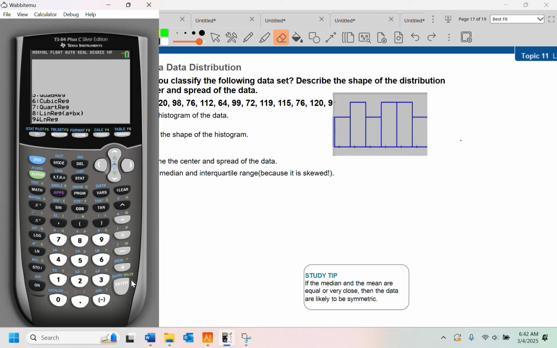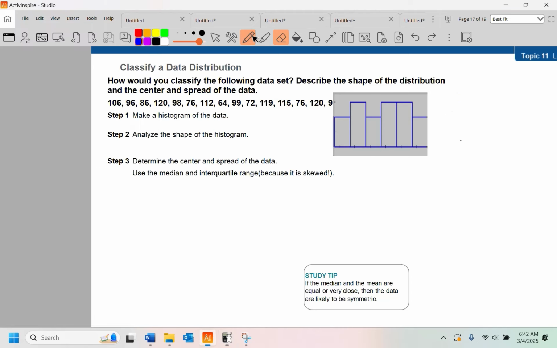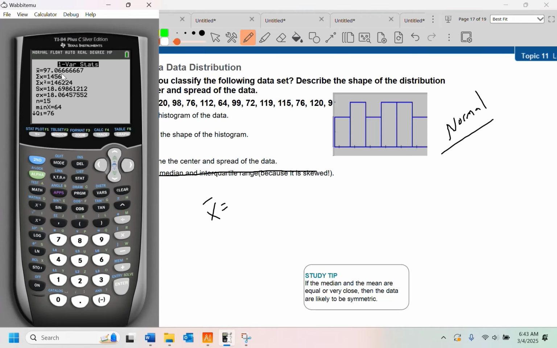Stat, calc, one variable statistics. So I've got a mean of 98. And what was my mean? Man, these are so close. This is normal. I'm sticking with it. So X bar, according to my calculator, is 97.07.